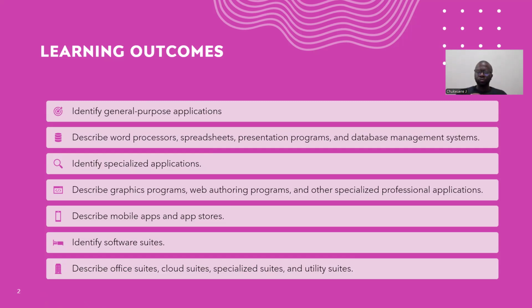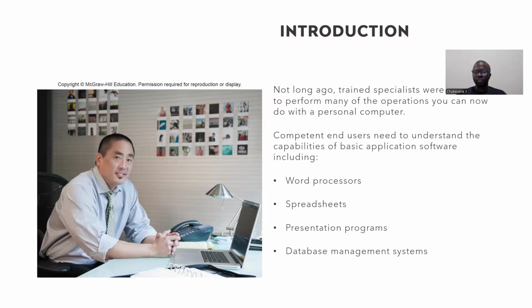The first one is to identify general purpose applications, and then to describe office suite, graphic suite, specialized suite, and utility suite. These seven learning objectives are very important for you to master this particular lesson.